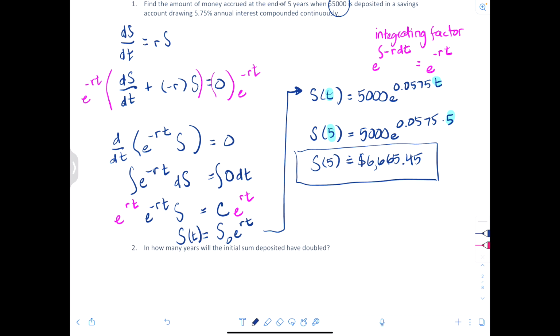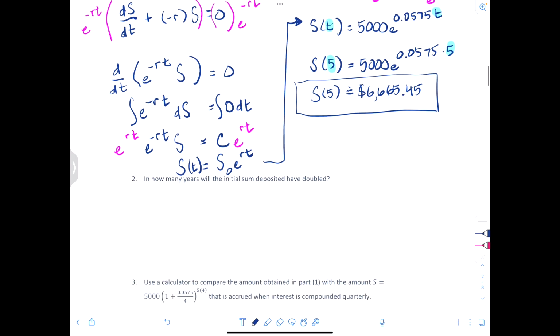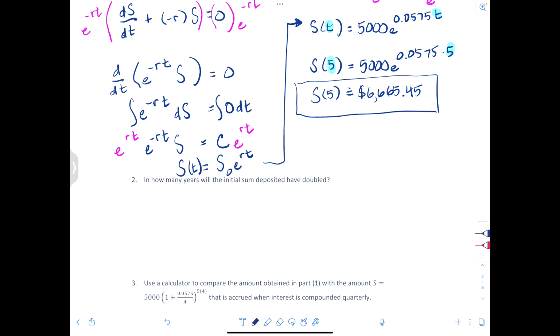Now we want to find out, given these same conditions, in how many years the initial sum deposited will have doubled. So basically, in general, you can set it up as 2 times the initial amount is equal to the initial amount times e to the 0.0575 times t. And you see that the S0s divide out, and we end up with 2 is equal to e to the 0.0575t.